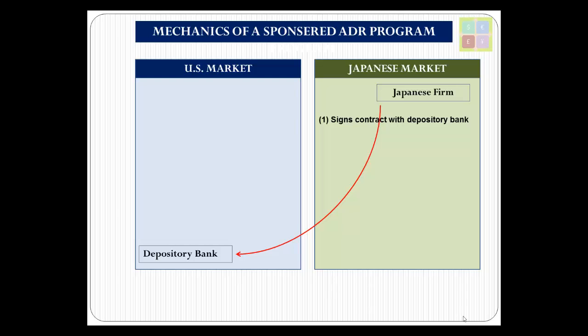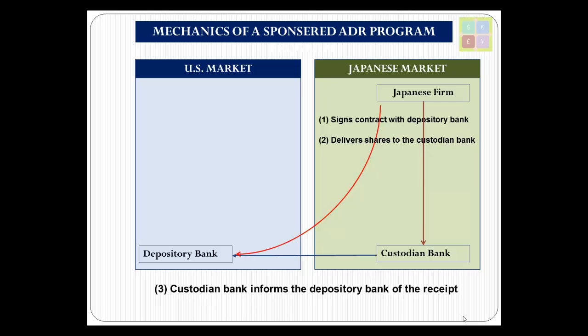In step number two, the Japanese firm delivers its local shares or the Japanese shares to the custodian bank, which is located in Japan, and the custodian bank is going to safekeep the local shares. In step number three, the custodian bank informs the depository bank that it has received the shares of the Japanese firm.